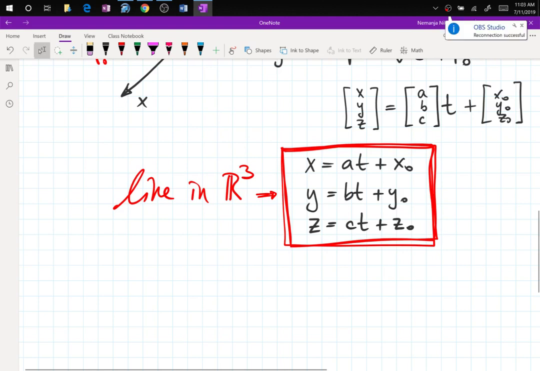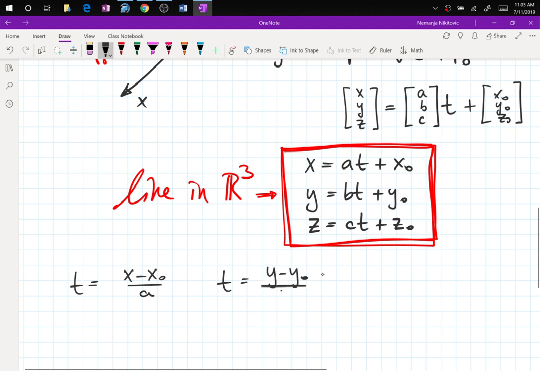You solve each one of these for t, and then you equate these into a three-sided equality. So the t from the first equation is obviously x minus x0 over a. T from the second equation is y minus y0 over b.